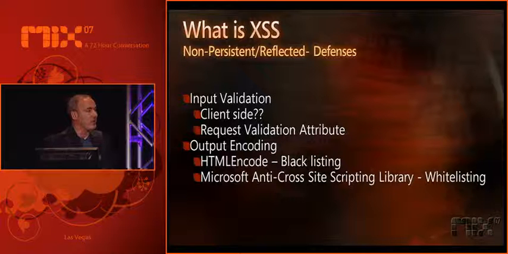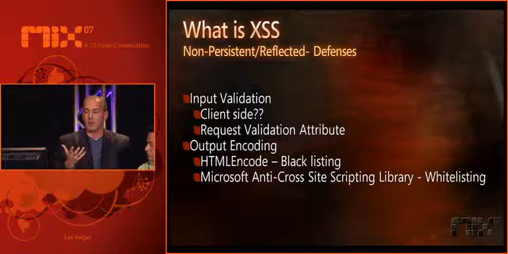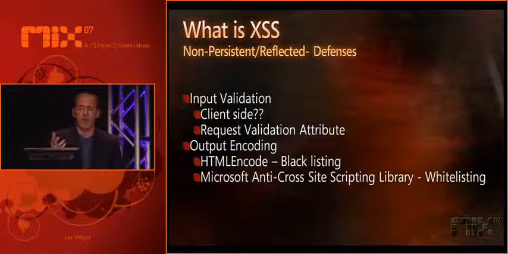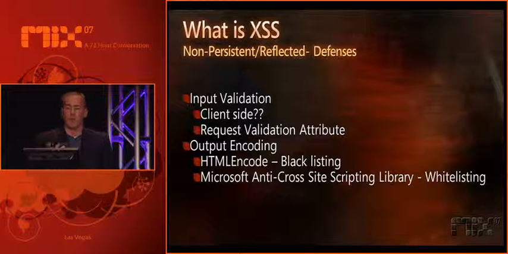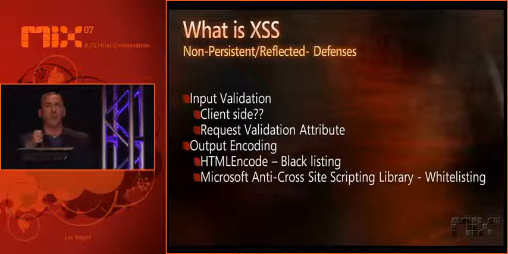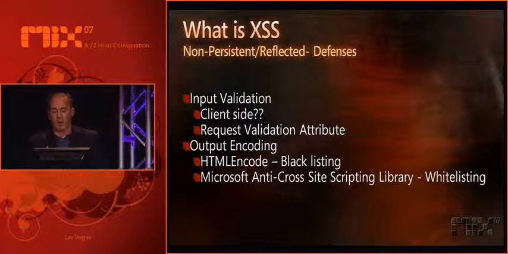Encoding is pretty simple. Basically, it takes tags and converts them into HTML. Scripts have less than and greater than, but when you encode it, it turns it into something, I don't know off the top of my head, that won't hurt you when it comes back.